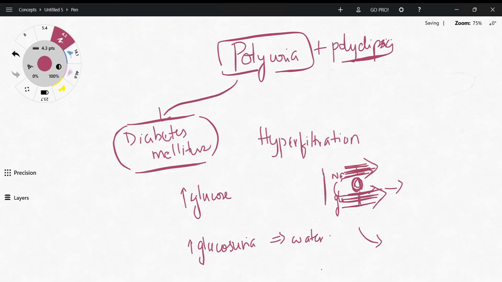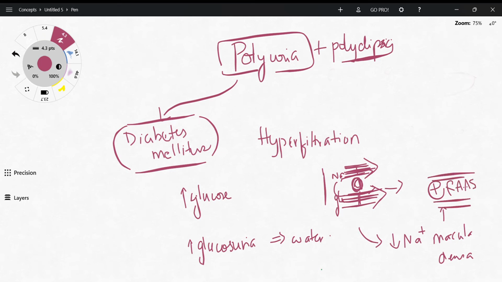along with it, which decreases the sodium delivery distally at the macula densa, and then that responds by increasing the renin-angiotensin-aldosterone system, and that in turn gives us angiotensin 2, which clamps the efferent arteriole down.